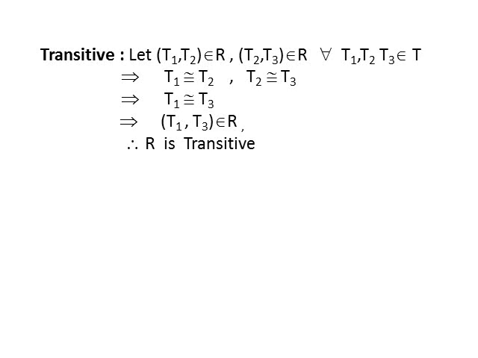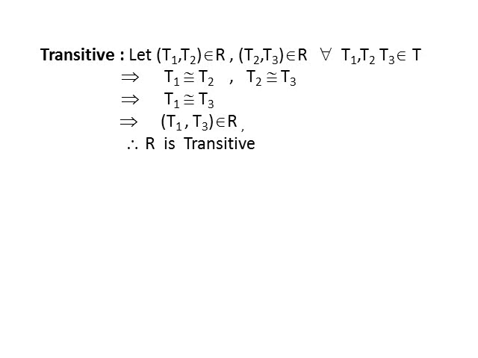For transitivity, let the ordered pair of triangle T1 and triangle T2 belong to relation R and ordered pair of triangle T2 and triangle T3 belong to relation R. This implies triangle T1 is congruent to triangle T2 and triangle T2 is congruent to triangle T3.